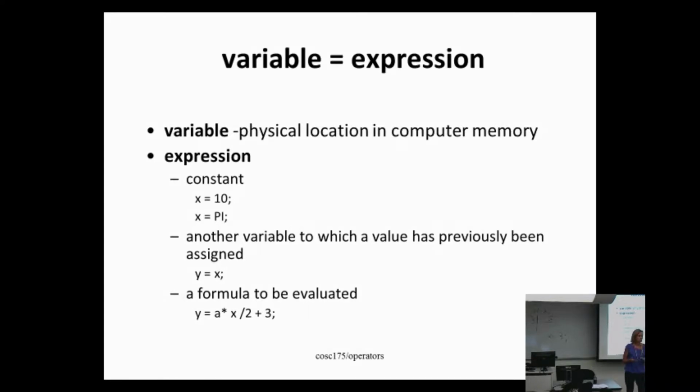But 3 gets stored at the memory location called x. Okay? So this guy right here is assignment. So if right now I did cout x, what would be displayed? 3, because x now has the value 3. Does everybody see that? So the single equal sign is the assignment operator.